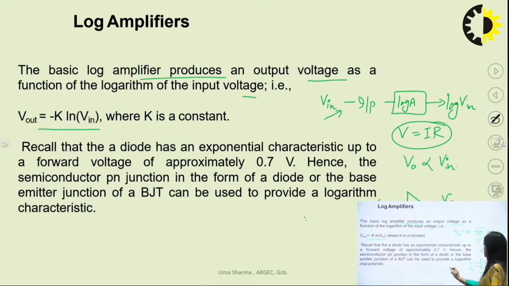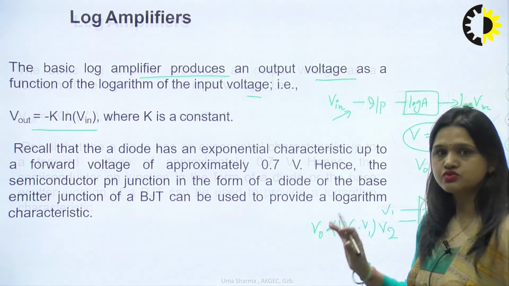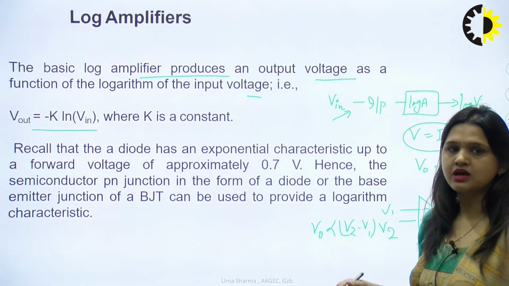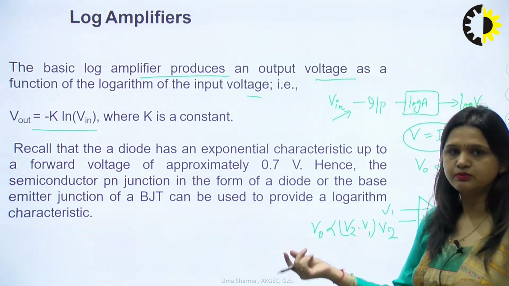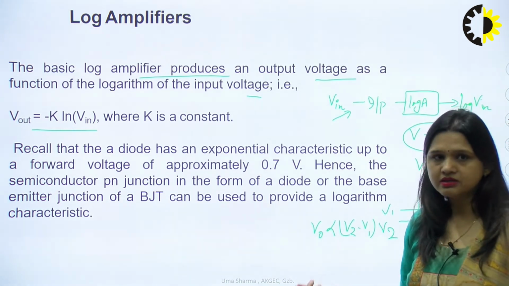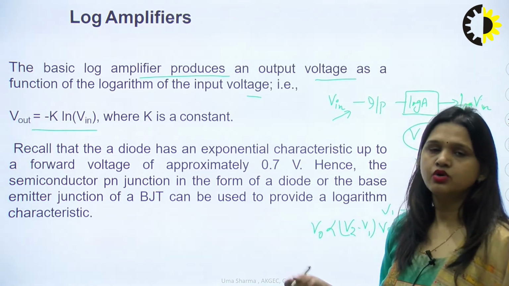So V output is proportional to V2 minus V1. There is a linear relation between input and output. To make it non-linear, meaning to calculate the logarithm of the input signal, I need to add some non-linear component.